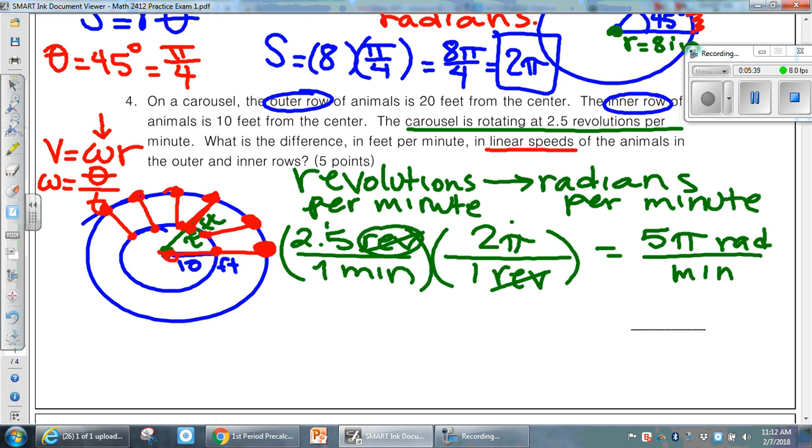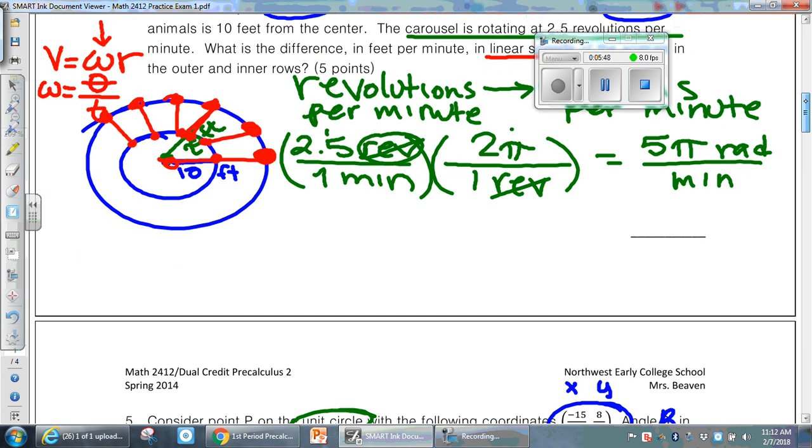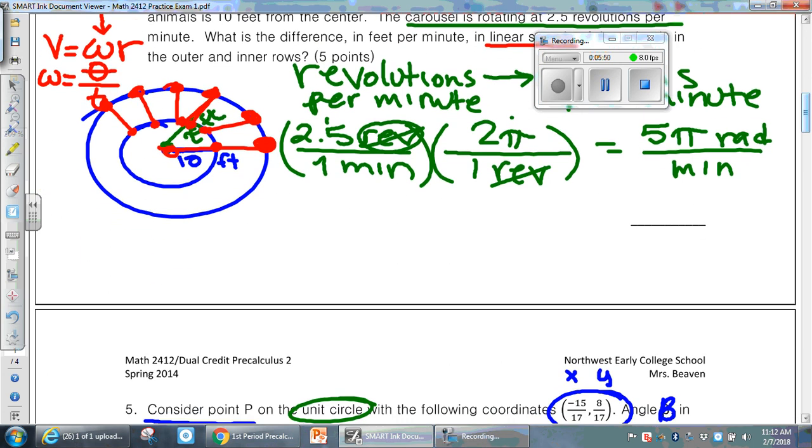Okay, so first let's find the angular velocity. Now, could you use formulas during the exam? No, absolutely not. So let's find the angular velocity first for r equal to 10 feet.